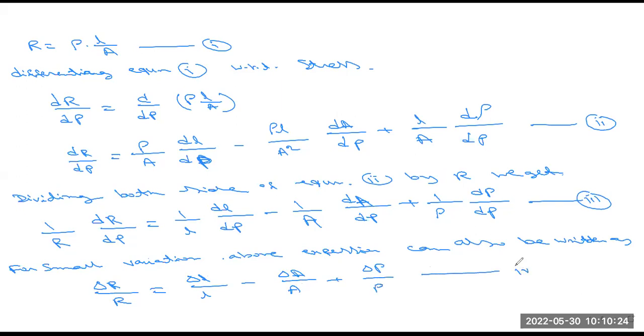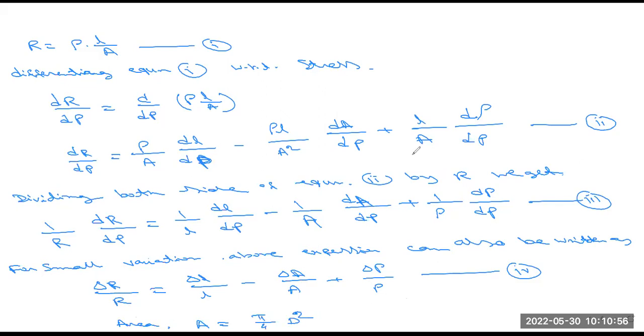So this is equation number 4. This is very much important when you consider the small variations in the resistance changes. So these are the basic equations: del R by R equal to del L by L minus del A by A plus del rho by rho. And you know that area A is equal to pi by 4 d square.